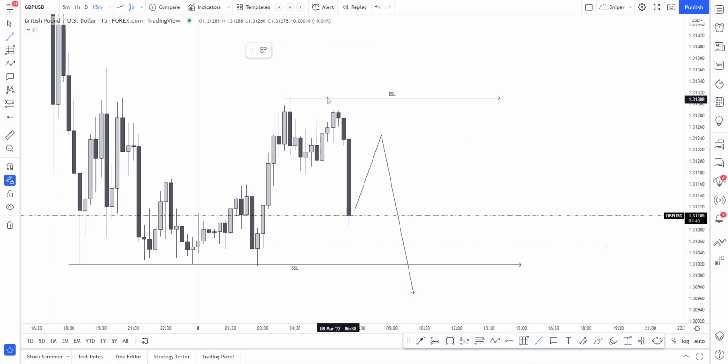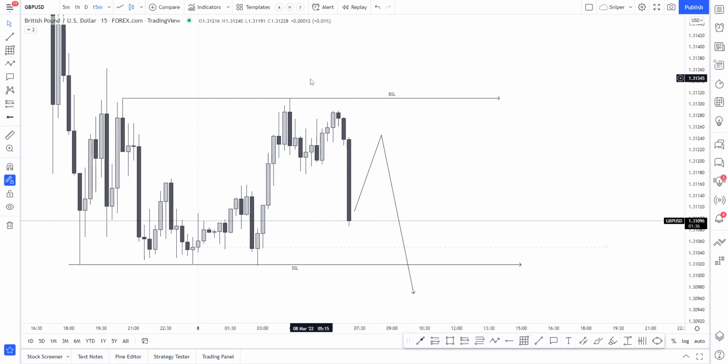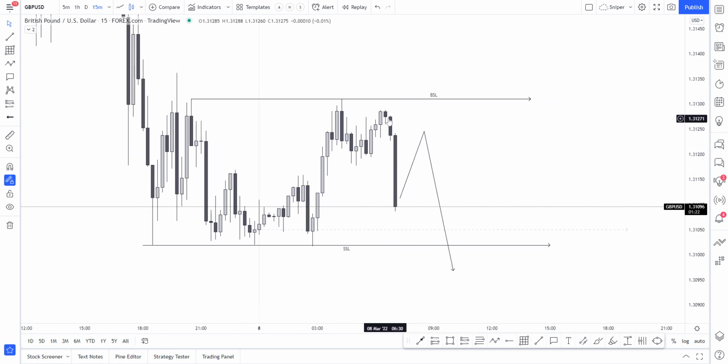Primarily because, well, actually it's relatively perfect equal highs to the left. So we could anticipate price to sweep above as well. That is still on the table for price to go above, grab the liquidity, and then go lower. But ultimately, this is the idea that I would have wanted to go with.